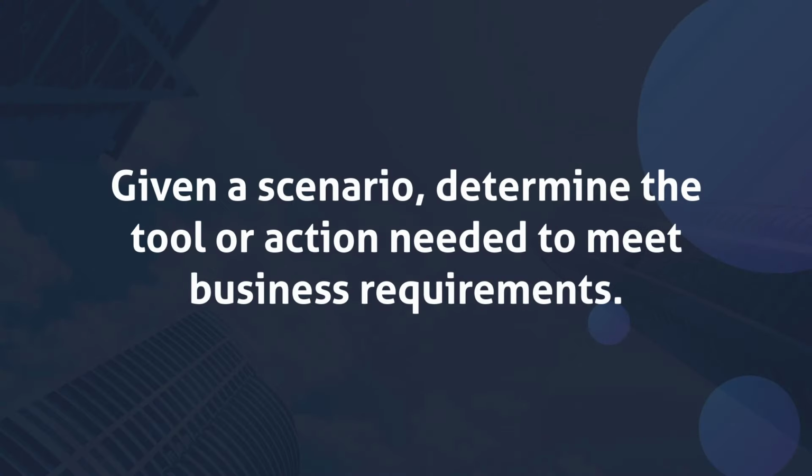The fifth bullet point is, given a scenario, determine the tool or action needed to meet business requirements. So in this case, we just want to have a good understanding of the different tools that are available. We've gone through several: formula fields, validation rules, approval processes.